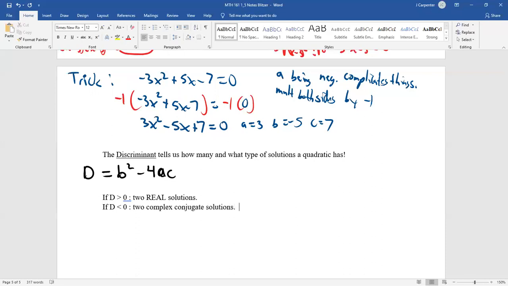Remember, conjugate means a plus b, a minus b. The thing about imaginary solutions, they always come in complex conjugate pairs. So if I told you that 3 plus 2i is a solution, that automatically makes 3 minus 2i a solution. And it has everything to do with the discriminant. Third case, if the discriminant is 0, there is only 1 real solution.